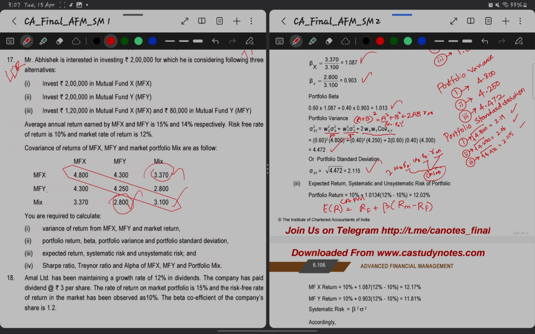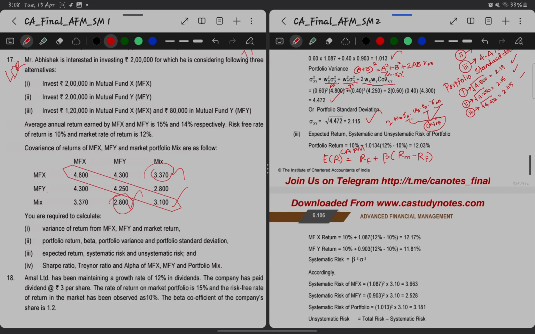And for expected return, we can use the CAPM approach, as they have given the risk-free rate and market return. Now substituting this in the formula, RF plus beta into (RM minus RF), wherein the risk-free rate is RF, and this is nothing but the risk premium.